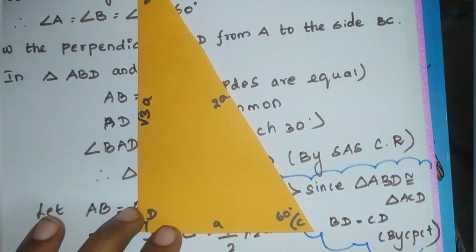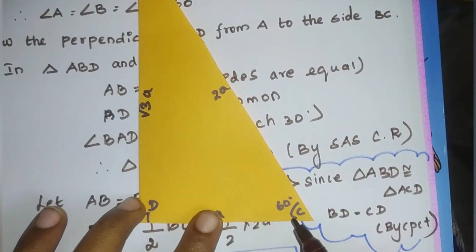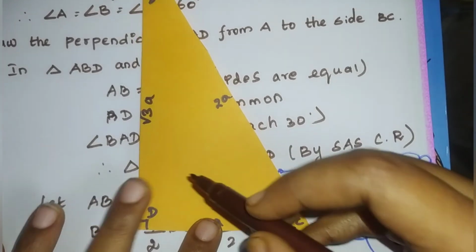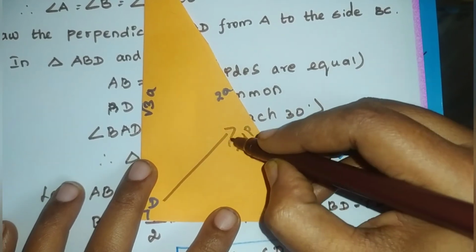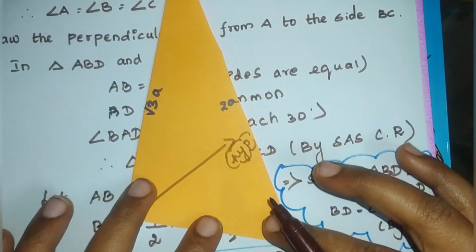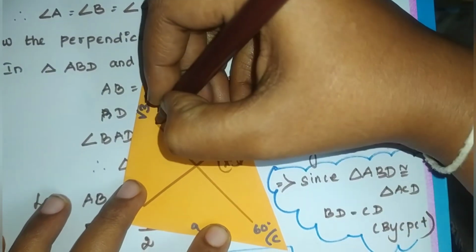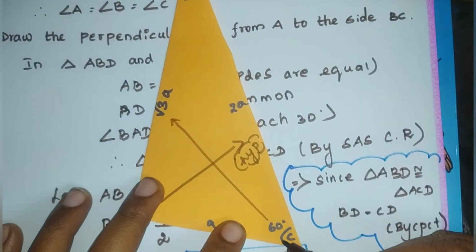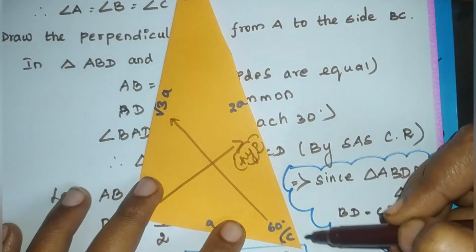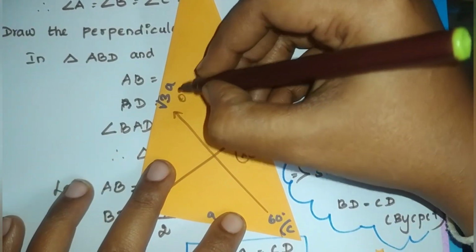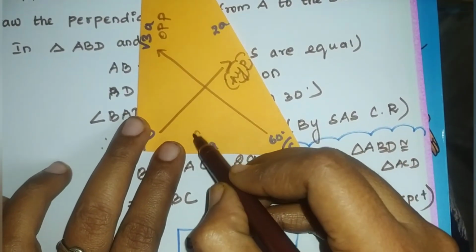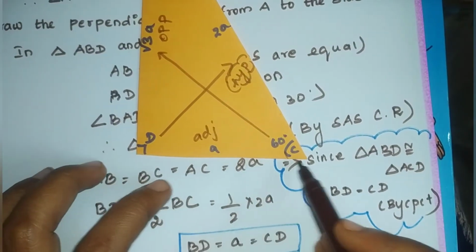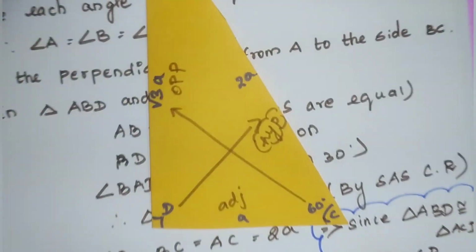With respect to which angle are we going to find? With respect to 60 degree. So first tell me which is the hypotenuse. This is the hypotenuse. And which one is opposite? The side opposite to 60 degree is the opposite, and this is adjacent. The side CD is adjacent.